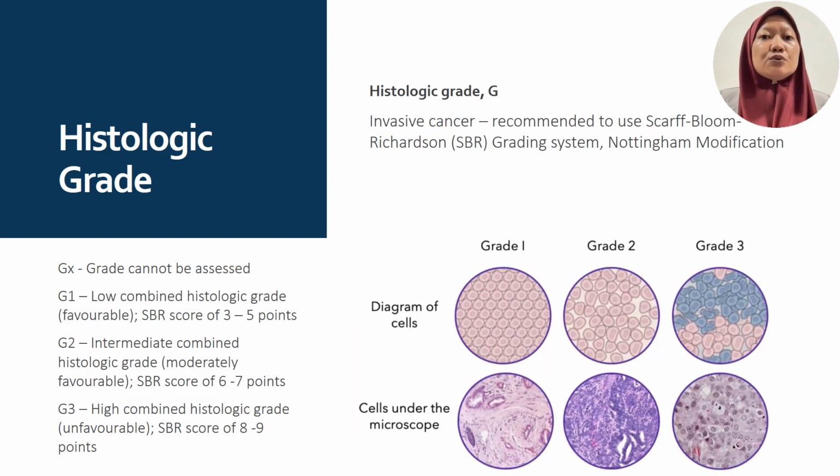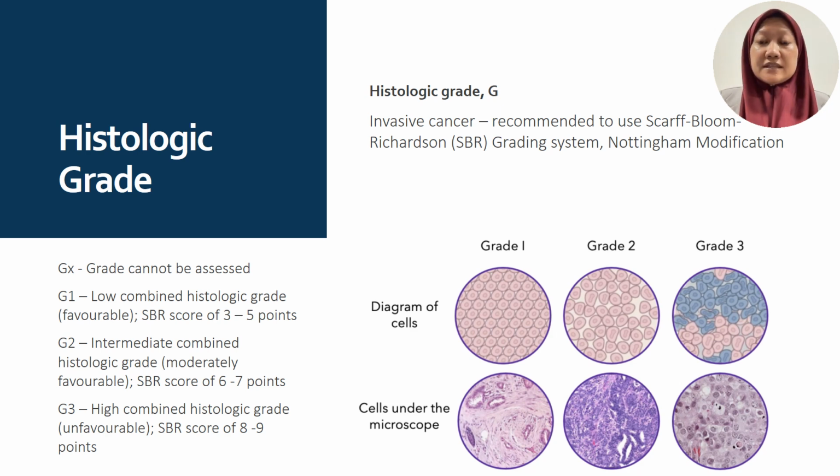When it comes to invasive breast cancer, the recommended method for assessing histologic grade is Scarff-Bloom-Richardson or SBR grading, specifically the Nottingham modification. This grading system evaluates three factors, which are tubule formation, nuclear pleomorphism, and also mitotic activity.